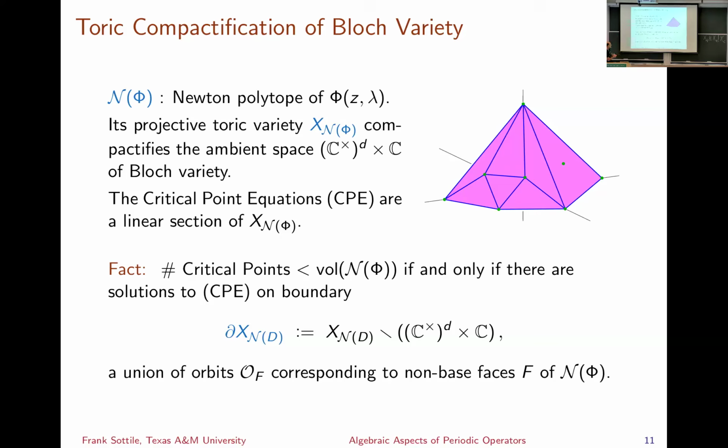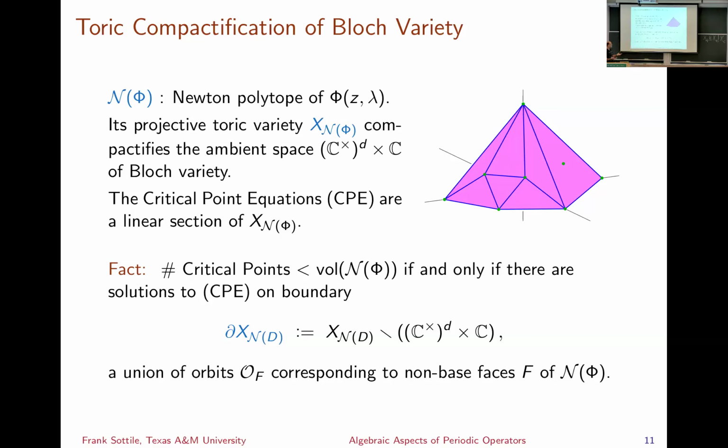But it also tells us that if you have a linear section of a variety which is of dimension 0, then the number of points counted with multiplicity is the degree of the variety, which is the volume of the Newton polytope. And this tells you when this inequality I talked about may not be sharp.